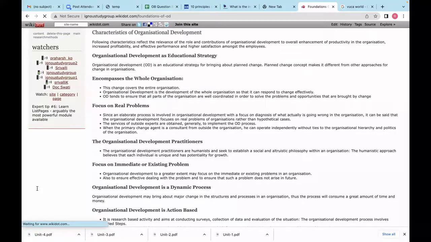And it focuses on real problems. You're not going to hypothetically create a problem and then create an intervention for it. You're going to study the organization, identify where the problems are, and then act on them. So it is focusing on real problems, not hypothetical ones, right? For that, you're going to bring in a consultant and let him go through it.